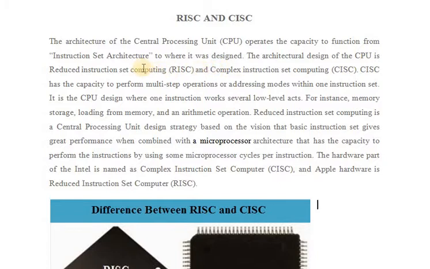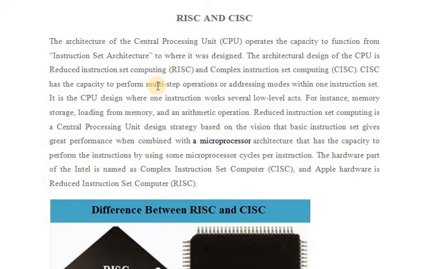CISC, that is Complex Instruction Set Computing, has more instructions compared to RISC. So now we will see what RISC is and what CISC is.